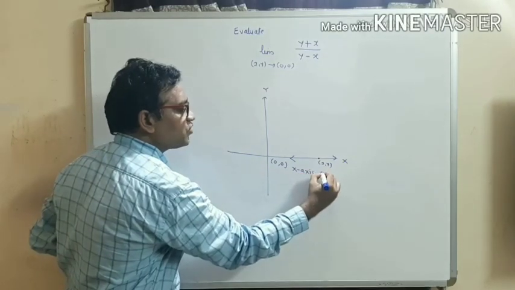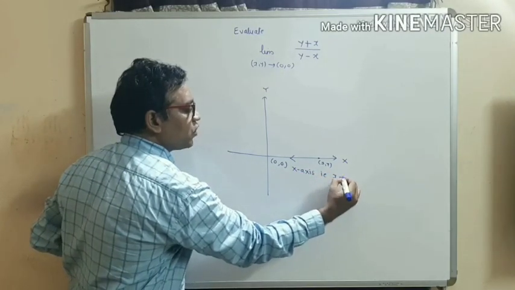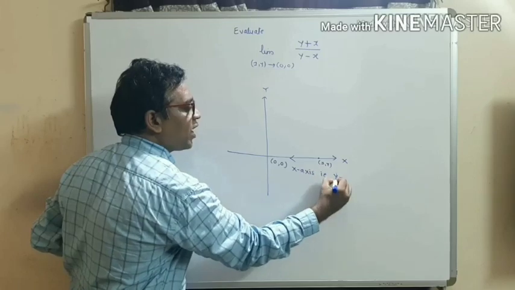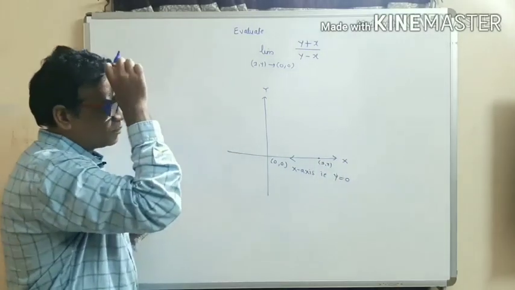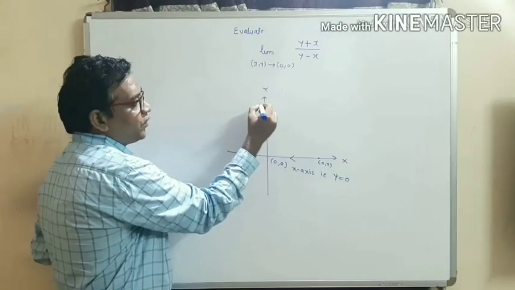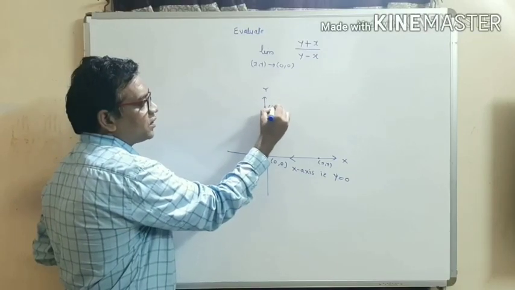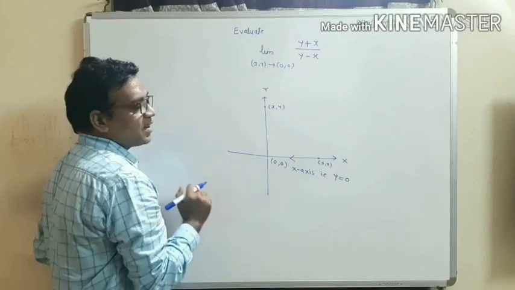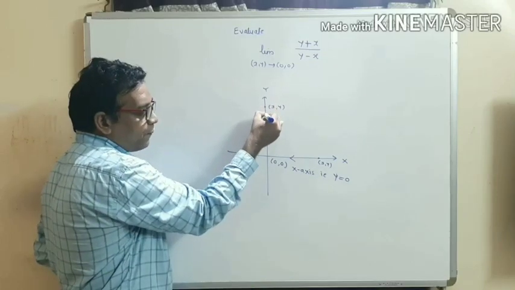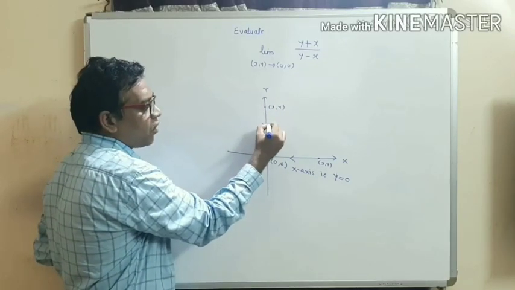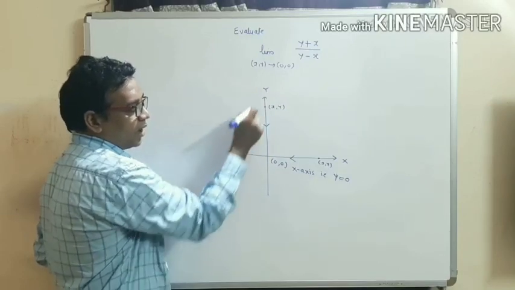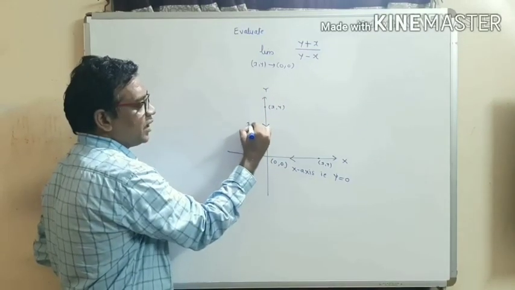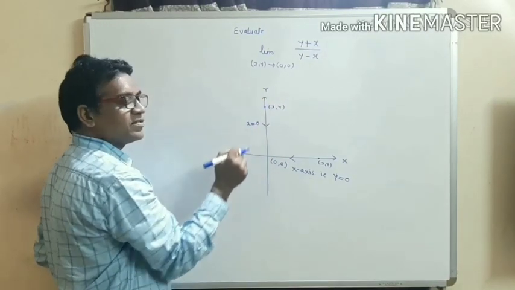And what is the equation of the x-axis? The equation of the x-axis is y = 0. Now suppose this point lies on the y-axis. Then we can say that (x, y) approaches the origin along the y-axis. And what is the equation of the y-axis? The equation of the y-axis is x = 0.